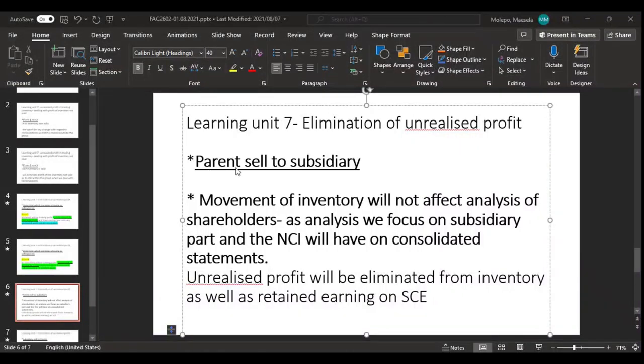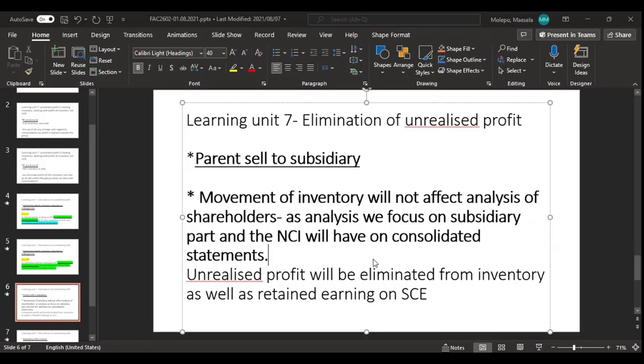Now we are dealing with a situation where the parent sells inventory to the subsidiary. So the movement of inventory will not affect the analysis of shareholders. As analysts, we focus on the subsidiary part and the NCI we will have on the consolidated statements. The unrealized profit will be eliminated from inventory as well as the retained earnings on the statement of changes in equity. Because we are saying the parent is selling, the profit that was not realized will only be on the parent's part, and we are only focusing on the consolidation.